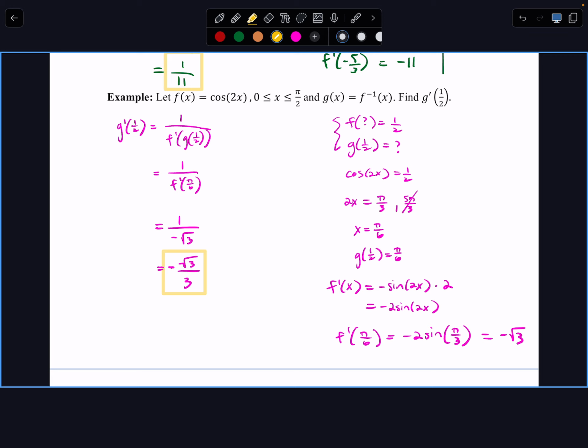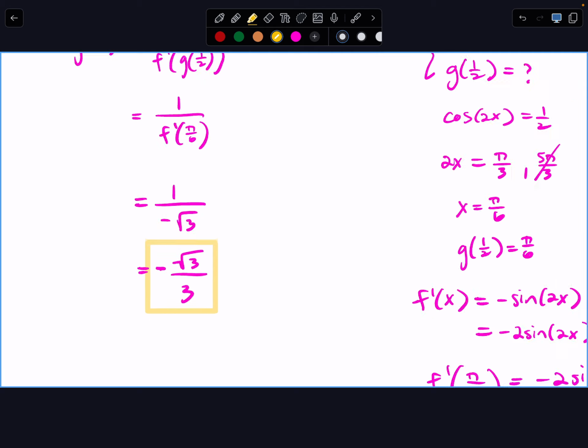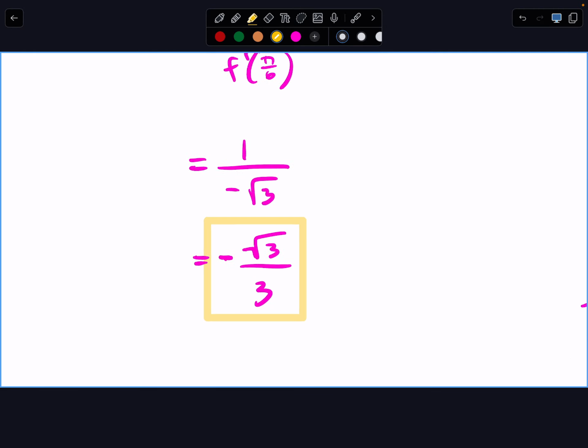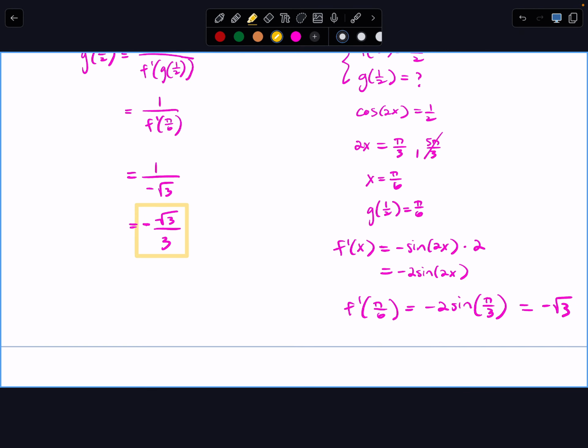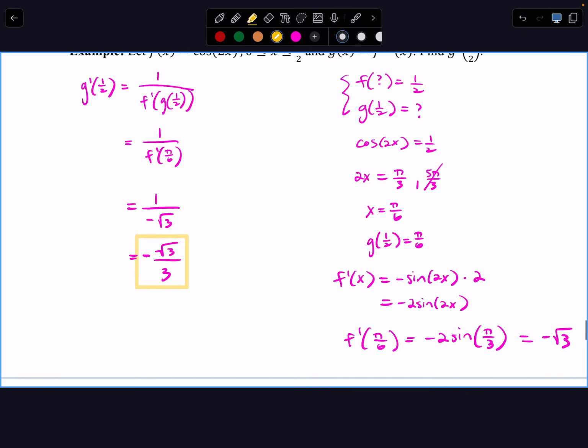So only pi over 6 would actually be a solution on that interval. Plugging pi over 6 in, you end up with negative 2 times sine of pi over 3, which ends up being negative root 3. If you rationalize the denominator, negative root 3 over 3.